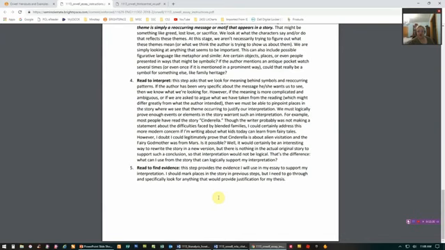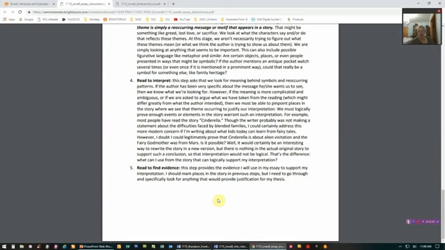Now I get to say, okay, if I'm going to argue that, where can I find, or what are the exact things in the story that I can use to support that? So now you go back and you look for them, and I'm not saying that these have to be specifically separate stages. The more you do this, the more comfortable you are with analyzing, the more some of these things kind of take place at the same time.